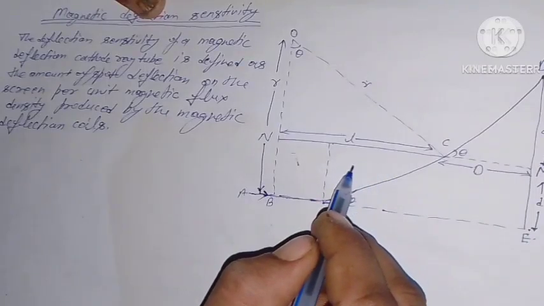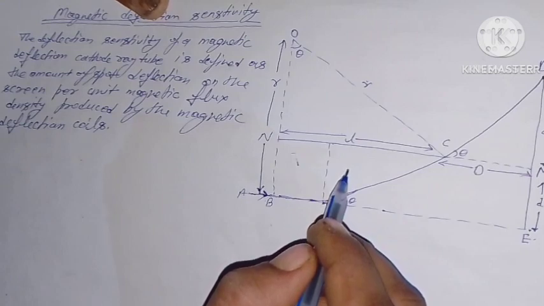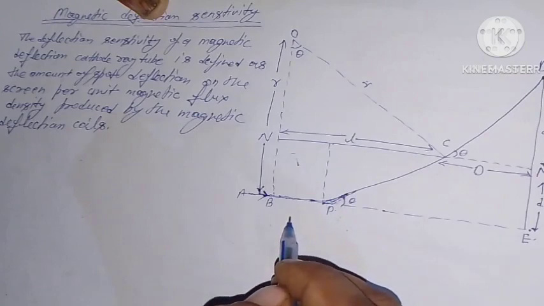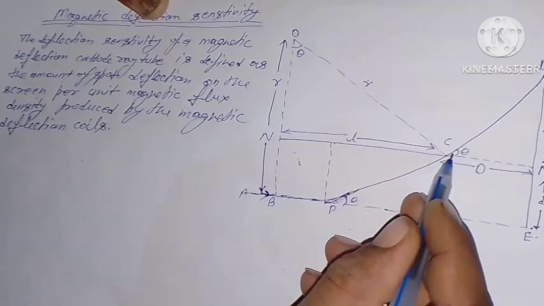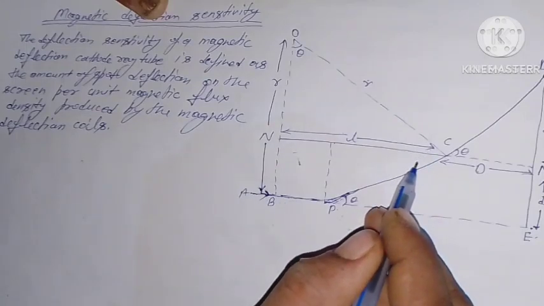The magnetic field is applied perpendicular to the direction of flow of electrons so that the beam describes an arc BC.